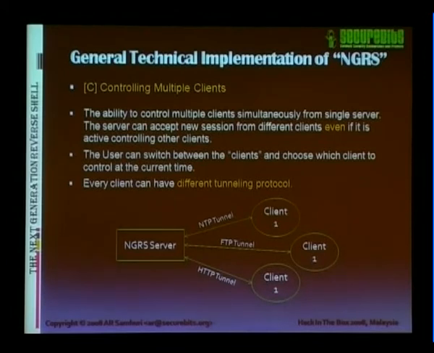The user can access that client, issue shell commands and have an interactive shell. At the same time, while the user is having an interactive shell with the client, the server is still listening for more clients, so that you can have multiple clients being controlled at the same time.